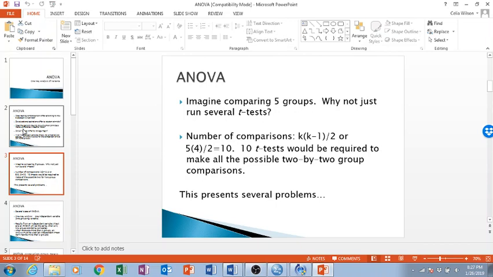Over your entire experiment, you're much more likely to come to a wrong conclusion, or your error rate is much higher than with just running one ANOVA. So you can see the benefit there: our error rate is better controlled.